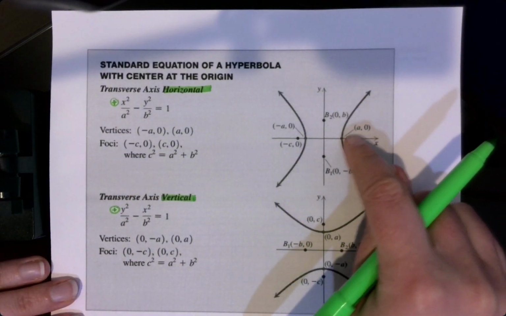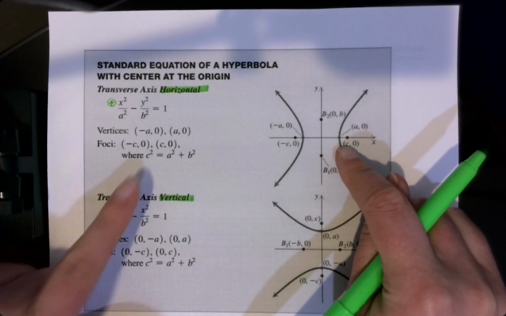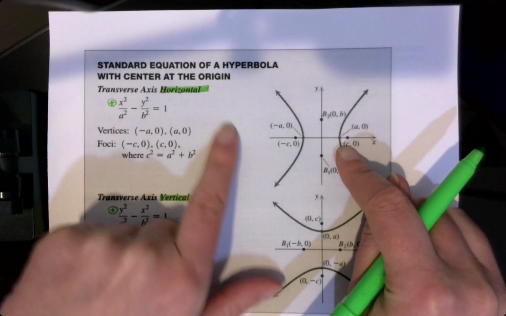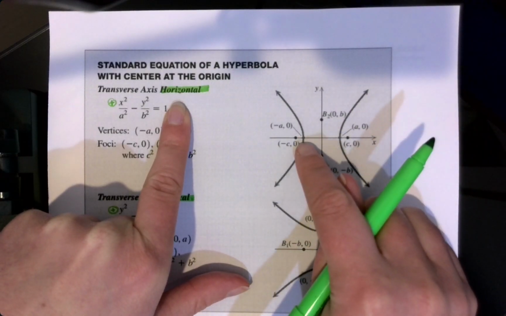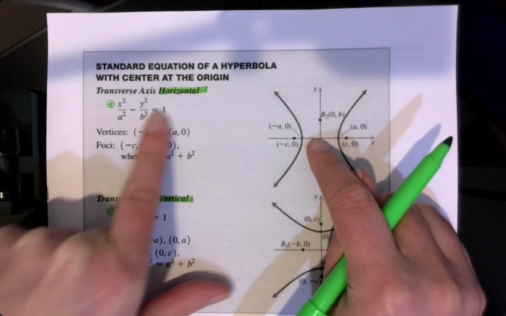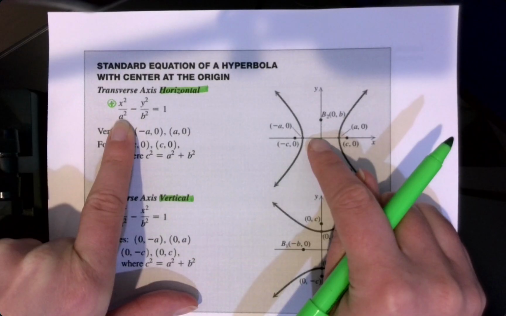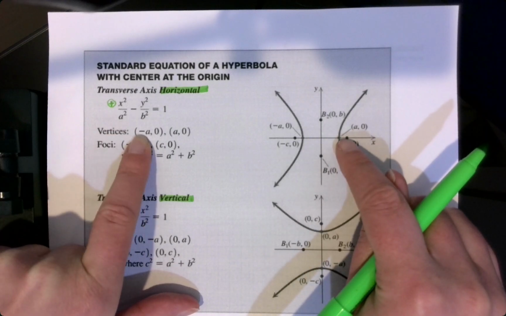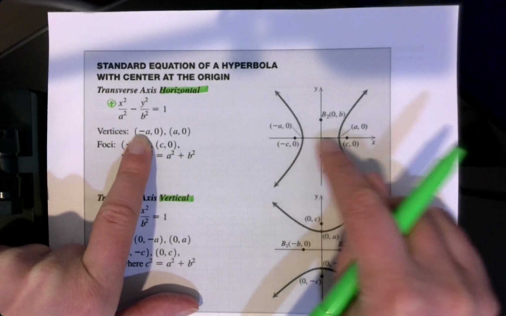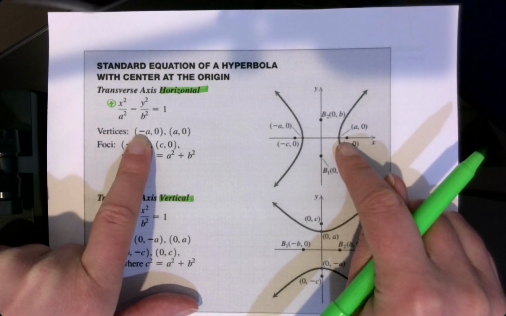In a horizontal transverse axis situation, I was talking about the horizontal case. In the horizontal case, we are going to find the vertices by going the a distance, the distance that is underneath x. A squared is underneath x, so we go distance a, left and right. So we'll end with vertices at negative a and positive a for our 2 vertices.